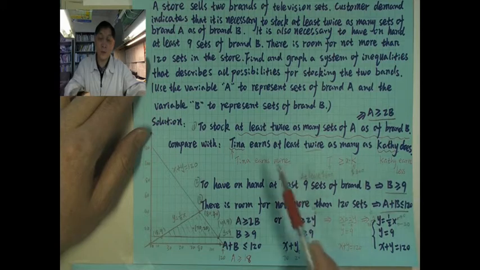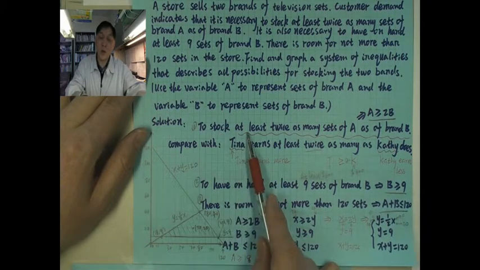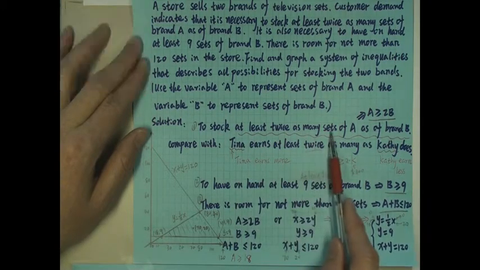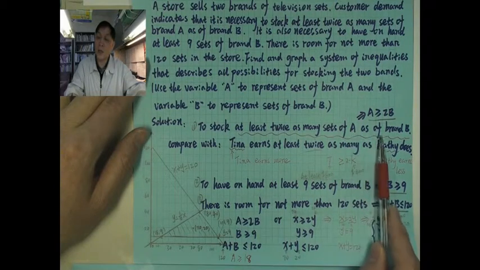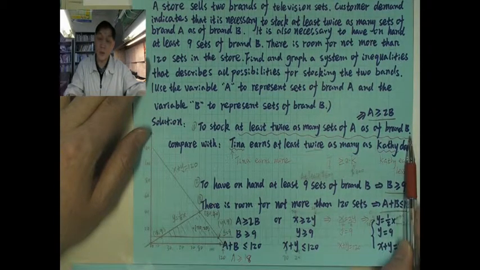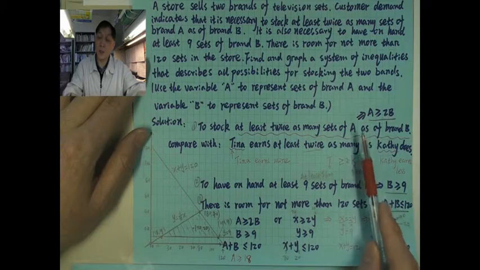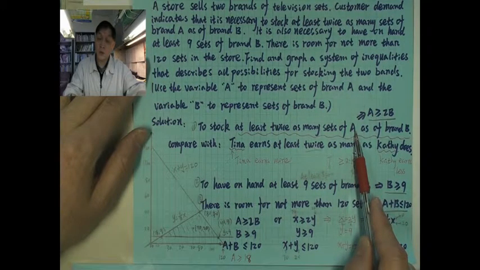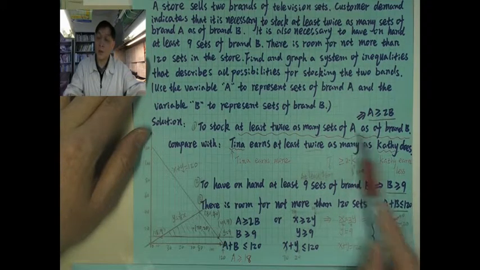So similarly, to stock at least twice as many sets of A as of brand B, apparently here we stock brand A more than B.